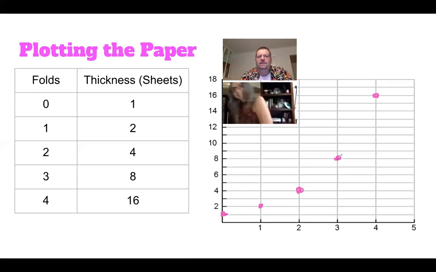All right. So anyway, this is a discrete graph, but what's happening every time, and Miss Young kind of alluded to this, is it's doubling each time, or it's being multiplied by 2. So we're multiplying by 2 over and over and over. If I multiply by 2 over and over, it's a power.